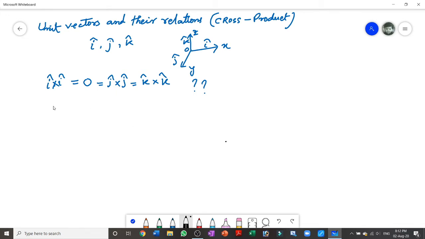The answer is: I cap cross I cap has the value mod I cap mod I cap, the angle between the x axis and itself is 0, and the direction will also be I cap, so it will be plus 1, and sine 0 is 0, and it will be I cap, so the result will be 0.